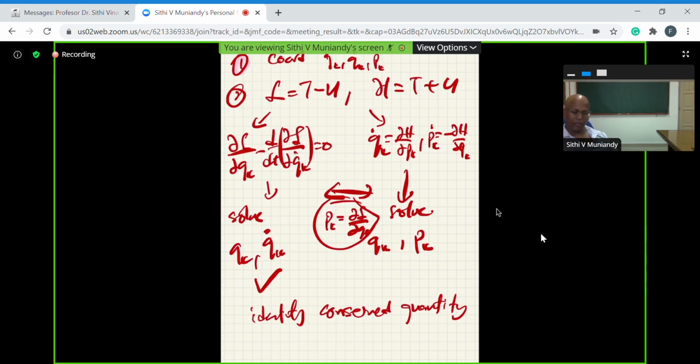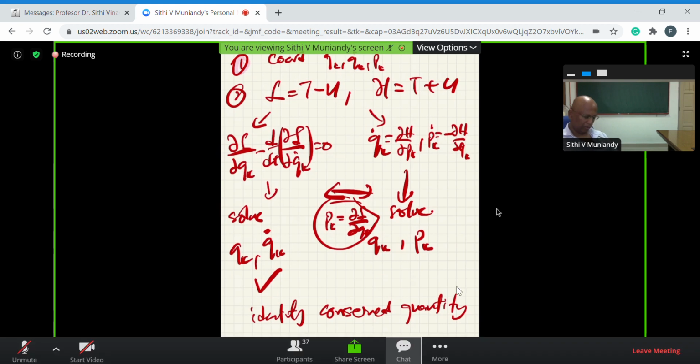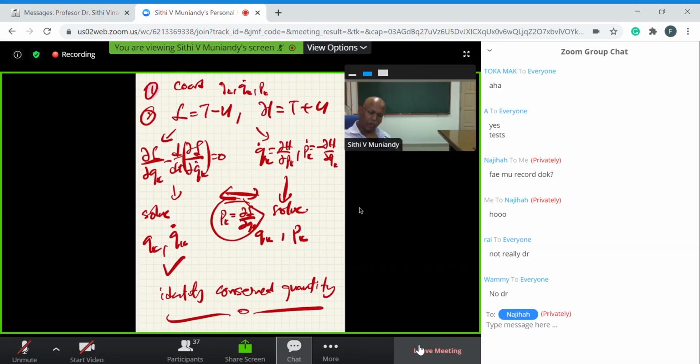So you can read the chapter which I attached. I will end the lesson today with this particular note, up to this point, and then there is another short chapter on relativity. If I have time, I will do another Zoom notes and upload.